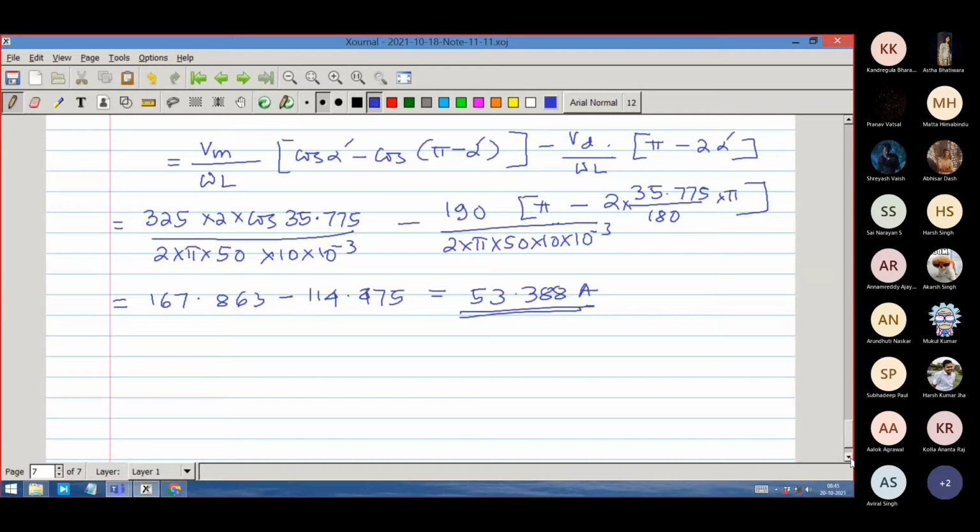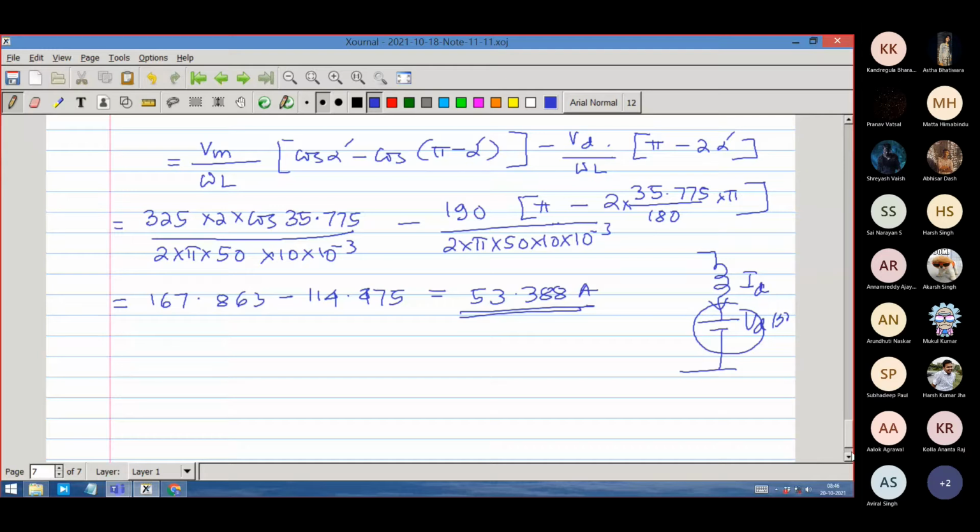I just want to know the average value of the current in the DC side, because this DC side is simple, because this is constant 190 volt, and if I know what is the I_D, that means the average current, even if it is discontinuous, then I know how much power is coming to the load, and load is a battery kind of load or a DC motor kind of load, where V_D represents the back EMF of the DC machine, and so on and so forth. So I need to know what is the average current of the inductor.